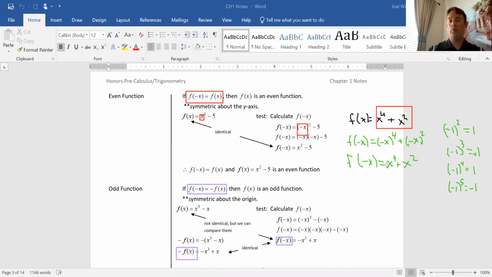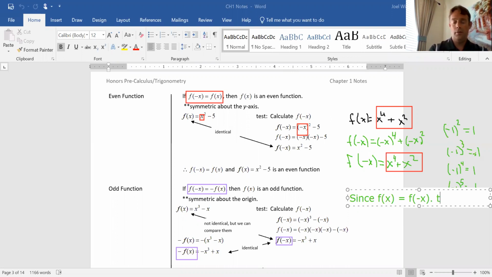F of -x was x to the 4th plus x squared. Notice it's the same exact thing. F of x equals f of -x. So we could then write, since f of x equals f of -x, then it is an even function.